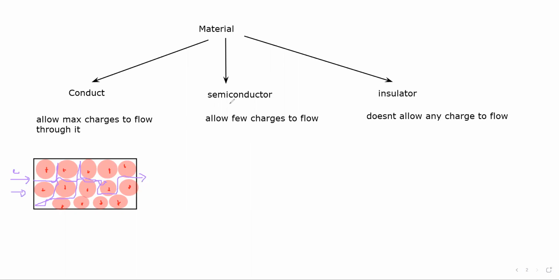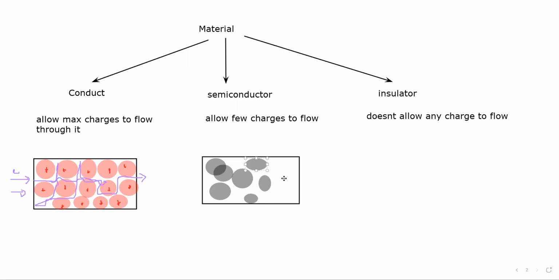But what happens in a semiconductor? In a semiconductor, they have a molecular structure. Most of them are molecules. If there are 1 million atoms, out of 1 million, there is only one positive ion. And most of them are molecules.